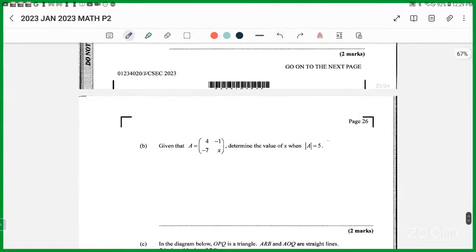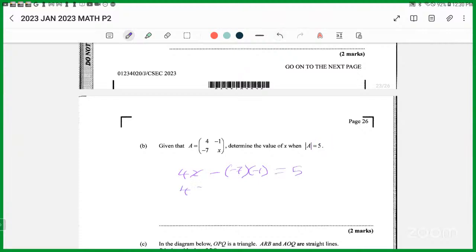So the determinant is 5. So it means that this product minus this product is 5. Let's look at it. 4 times x minus, this is -7 times -1. So don't get confused. -7 times -1. That is equal to 5. Determinant is 5.